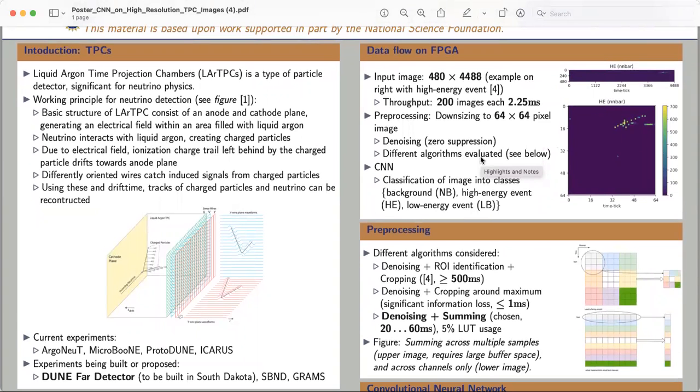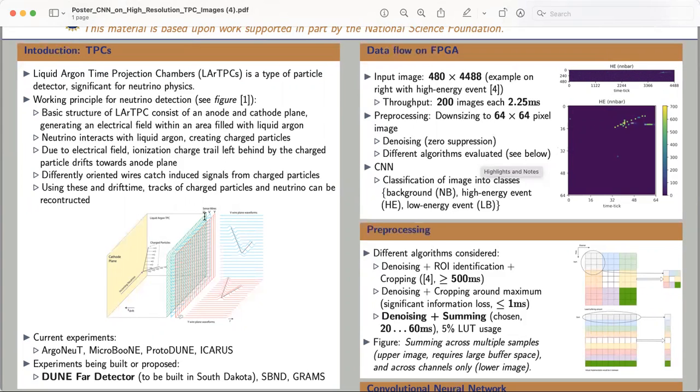TPCs are a type of particle detector that are significant for neutrino physics, most notably the liquid argon time projection chambers, which are basically giant cubes filled with liquid argon that have an anode cathode plane that creates an electrical field that causes tracks of charged particles, which can be produced, for example, by neutrinos, to drift towards sensing wires.